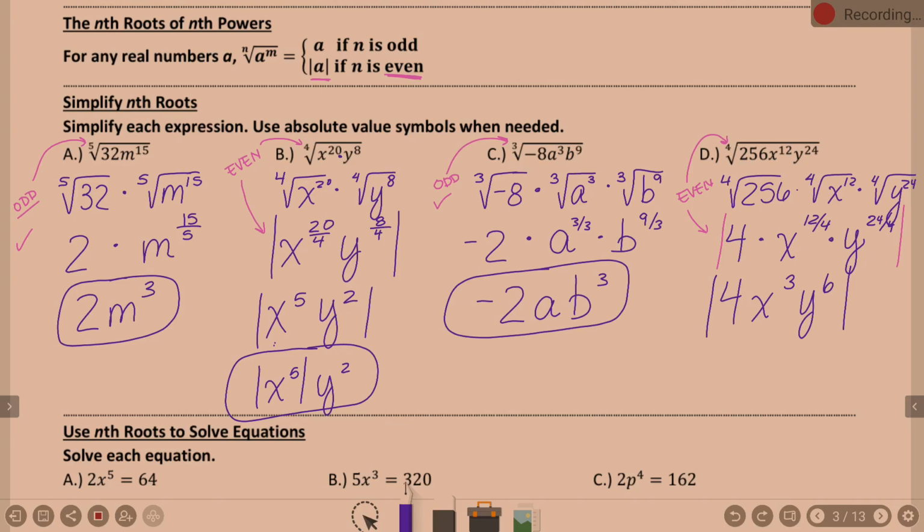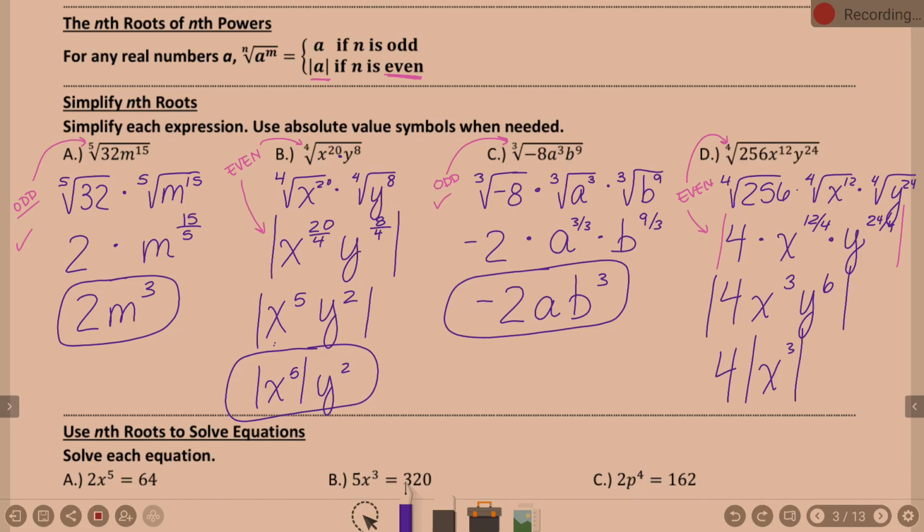Does 4 need absolute value to be positive? No, it's already positive. X to the third. Does it need absolute value to keep it positive? It could, because what happens if x is negative? A negative 3 times is still a negative. Does y to the 6th need absolute value to keep it positive? No. Anything to the 6th root will be positive.